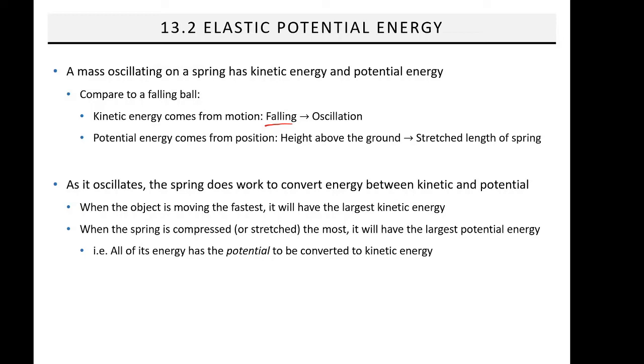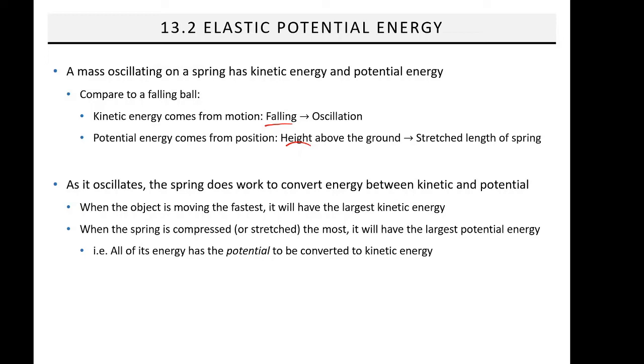When we're talking about a ball falling, the potential energy of the ball comes from the height of the ball above the ground. The height of the ball is the position of the ball. Now when we look at a spring, the position is related to how stretched or how compressed the spring is. So the potential energy for a spring will be related to the length that the spring is stretched.